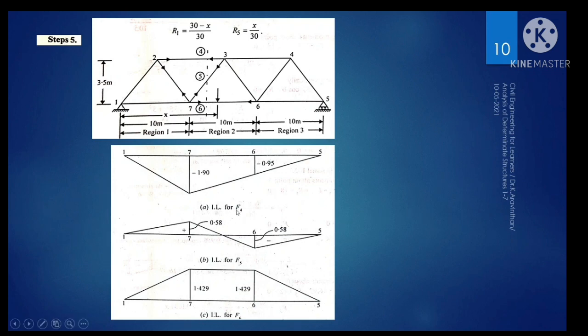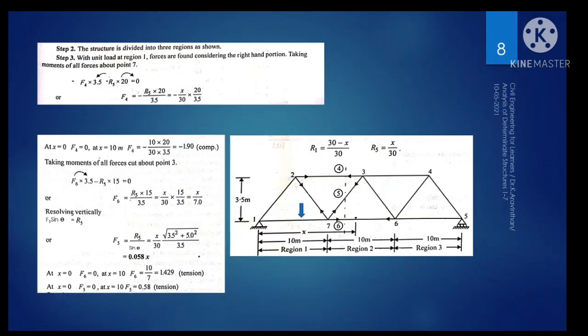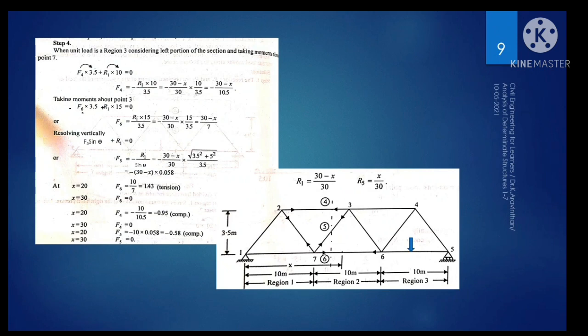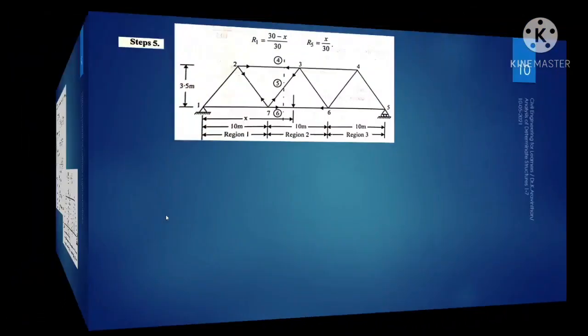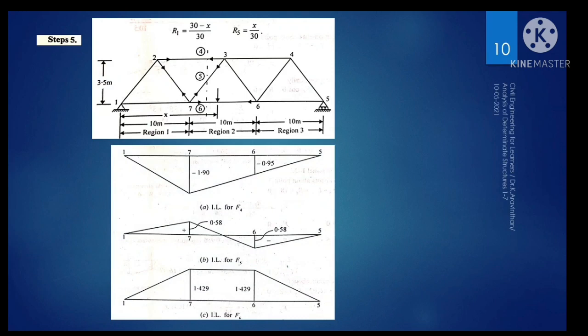Influence line for member 4. For the fourth member, the influence line is, if the load is at left hand side and if the load is at right hand side. When it is at left hand side, the F4 is compression of 1.90, and when the load is at right hand side, F4 is minus 0.95 compression, and you have to plot that.